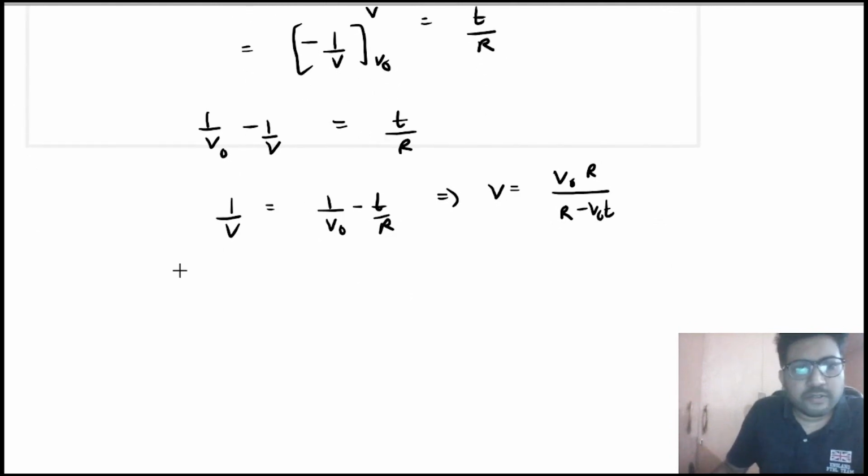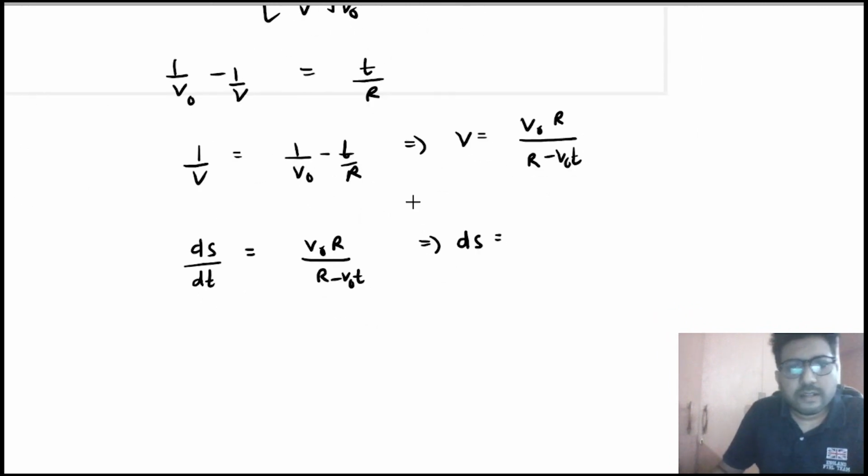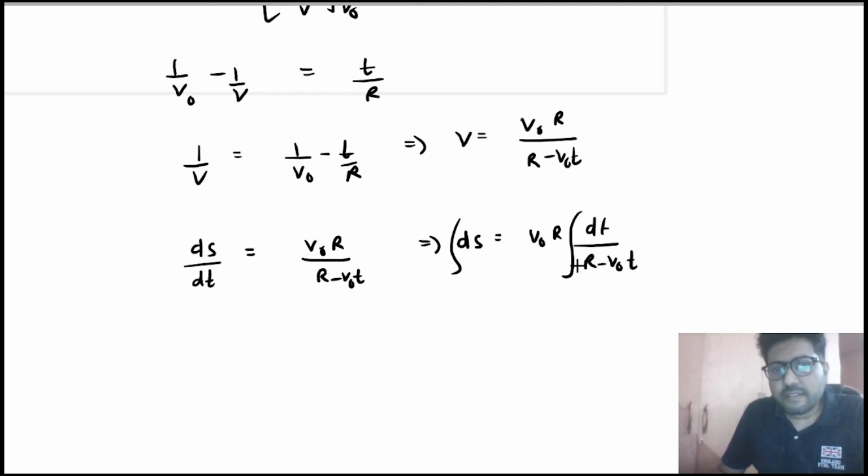Again what you will do, you will write v is equal to ds by dt. So this will be equal to v naught r upon r minus v naught t. So from this you will get ds is equal to v naught r, these are constants, dt upon r minus v naught t. So from this, when you integrate, at t equal to 0, the initial position is 0.